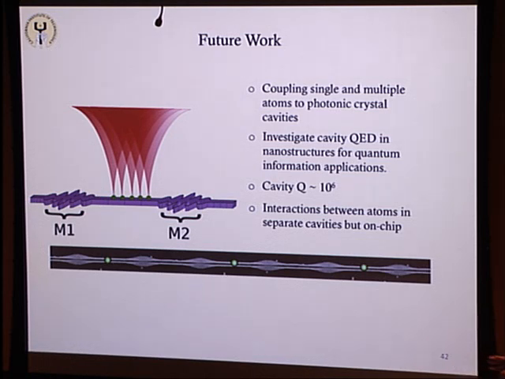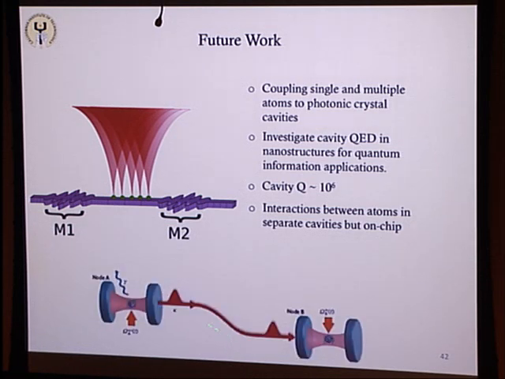But now it's all being integrated onto one chip and one system, and that really starts to look like this. It looks a lot like this, but in a much more scalable way, right? So it's not this bulky cavity QED that we're used to. It's becoming much more clean and much more integrable into smaller systems.